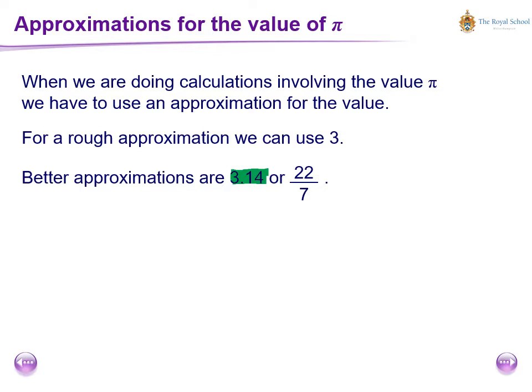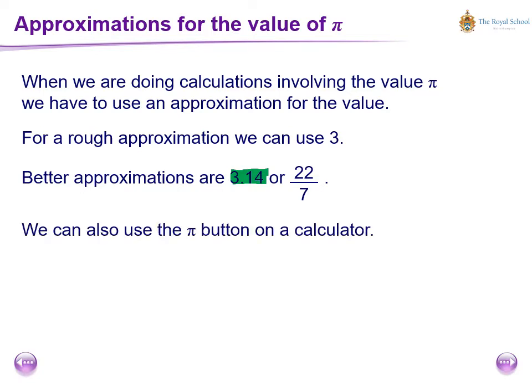Again, we're using quite a bit of calculator use here, so don't get put off by the fraction being in there. You should know where the fraction button is on your calculator and be able to type that in, or just use 3.14. Or you could better use the pi button on your calculator. Now, the pi button on a lot of the Casio ClassWiz that I know a lot of you have is down at the bottom of the calculator, on the bottom row, the middle button.